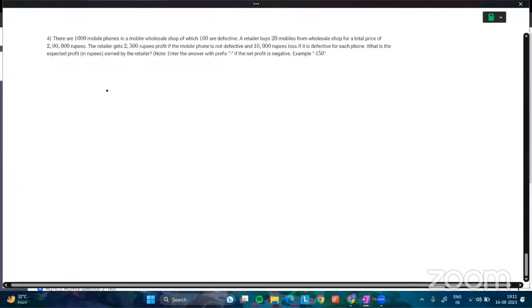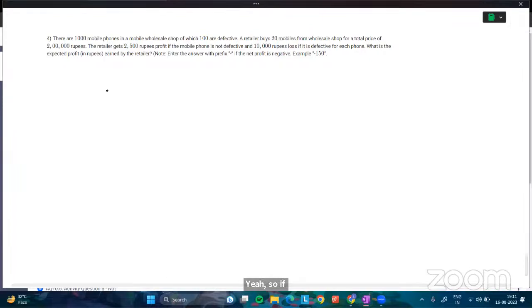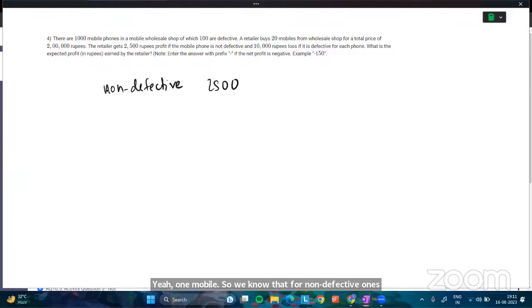Yeah, so if we're just considering one mobile. So we know that for non-defective ones, we get 2,500. For defective ones, we get minus 10,000. And the probability of getting a non-defective one.